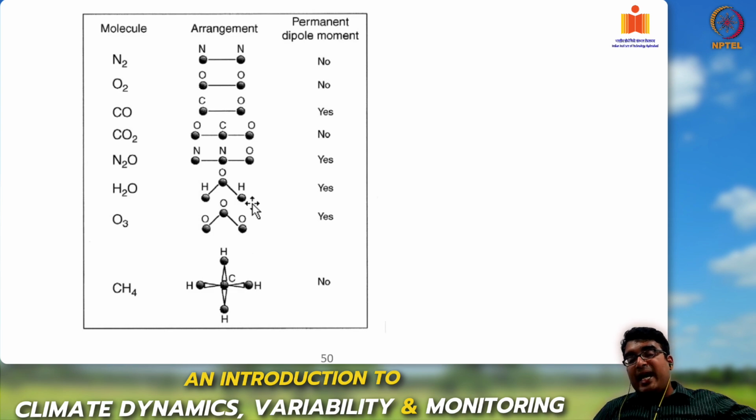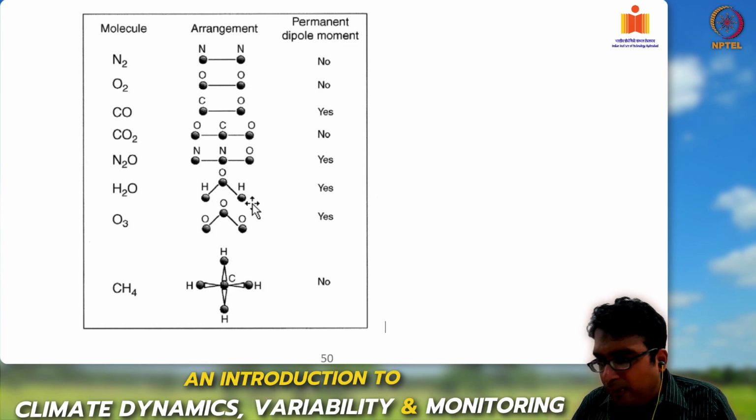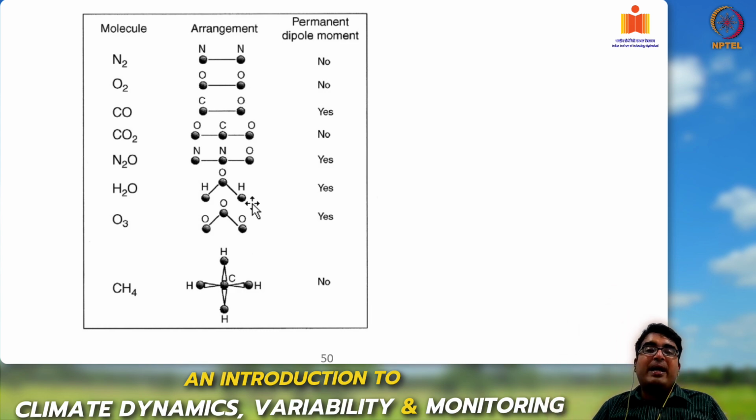So again, the dipole moment distribution is different for different types of molecules. All of these aspects, linear, planar, 3-dimensional, homoatomic, heteroatomic, whether it does or does not have a dipole moment, are important in understanding how these molecules behave in the presence of electromagnetic waves.